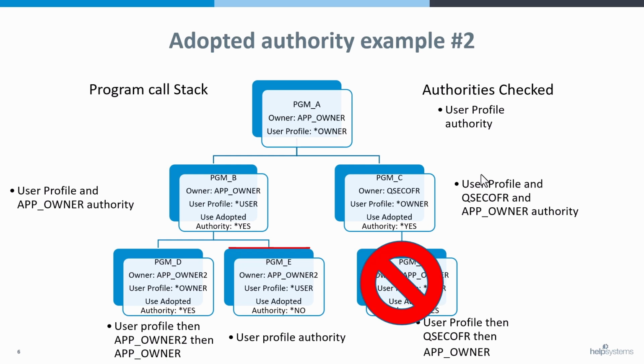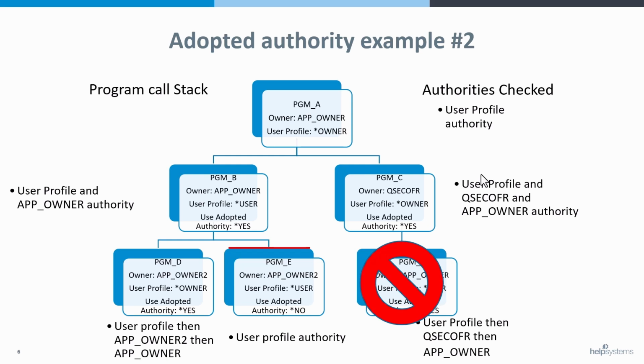But be cautious. If you have a program that's set to use adopted authority, yes, and you have a program higher in the stack that is also adopting authority of an elevated profile, this could allow elevated authority to continue through the call stack and grant users unintended authority.